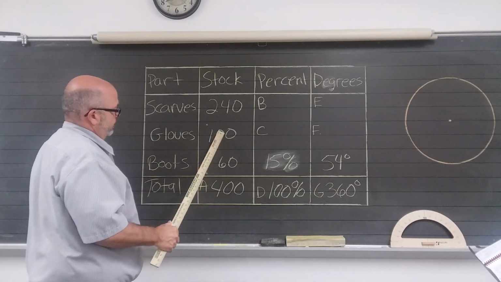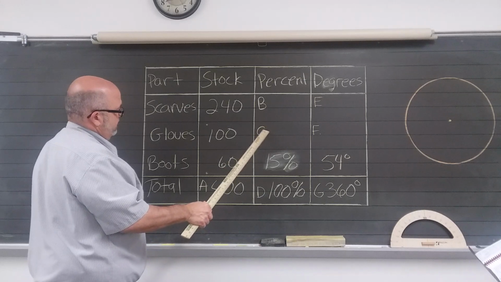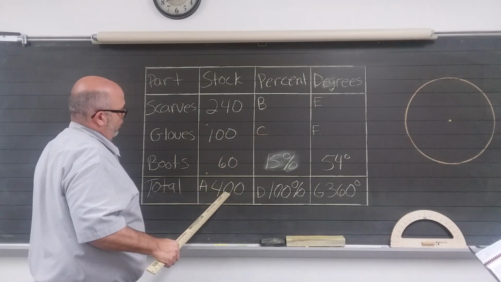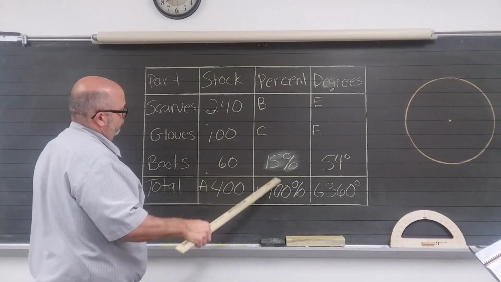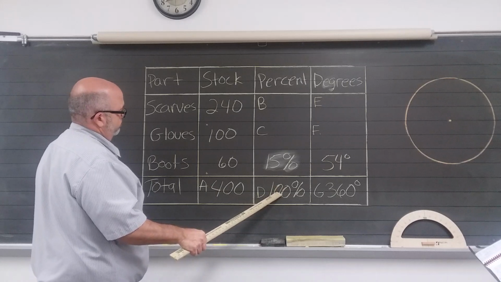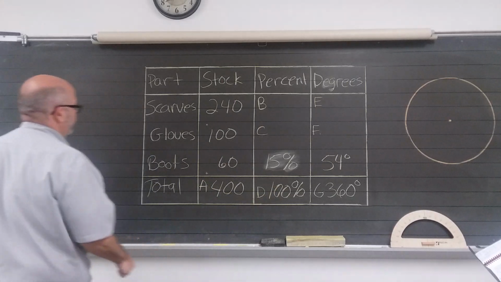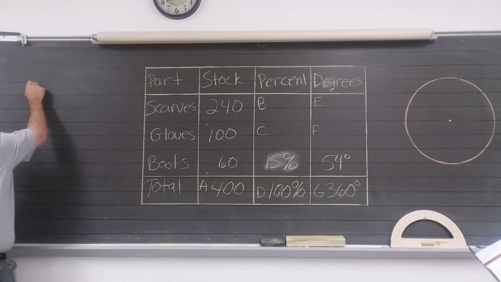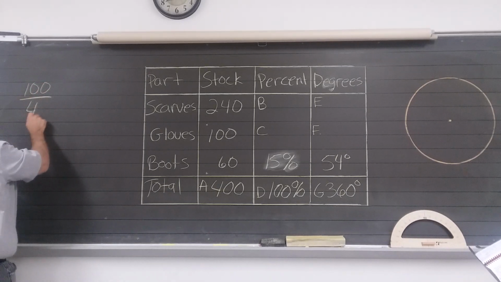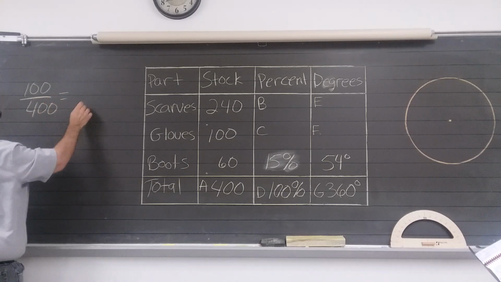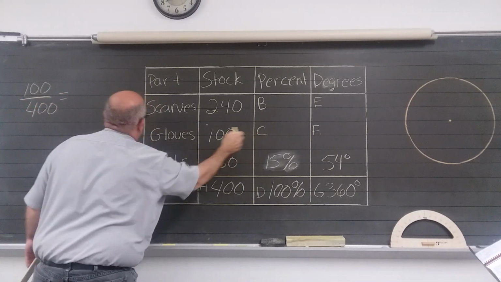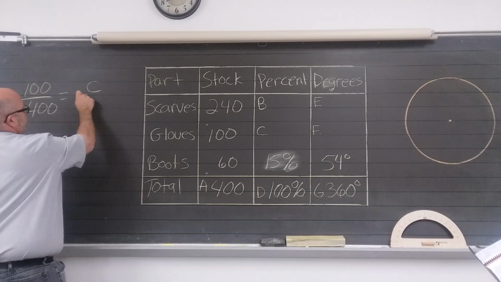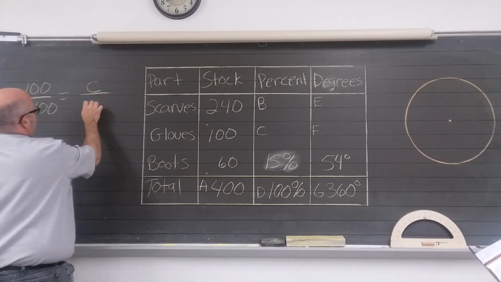Proportion, remember? To figure out C, you go 100 over 400 equals C over 100. Use the letter that's here, okay? Where you're not confused. C over 100.